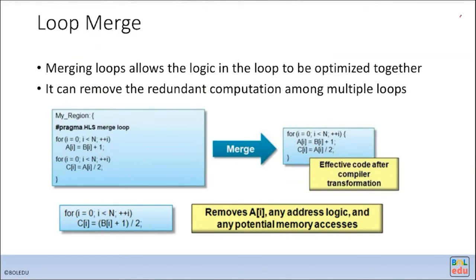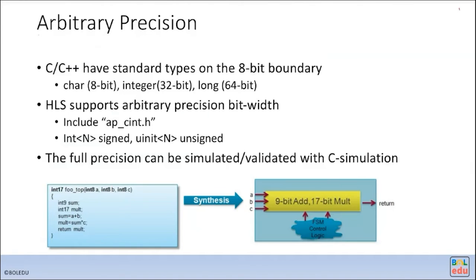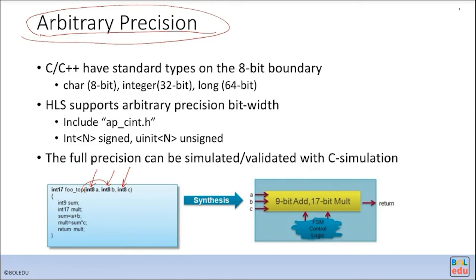Okay, loop merge we have talked about. When you merge loops, you can do further optimization. Another technique is to use the data type wisely. Use arbitrary precision, which is especially effective when you apply it on the function argument, because the function argument will propagate down the hierarchy.